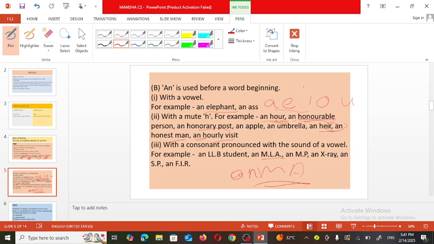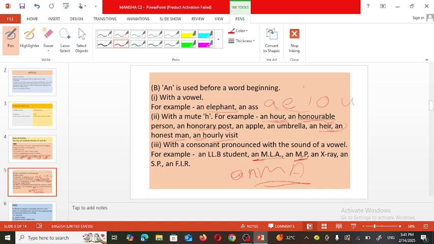MLA, Member of Legislative Assembly. But when we say member, it won't be followed by the article an, but a member. When we say MLA, the article an will come before MLA.